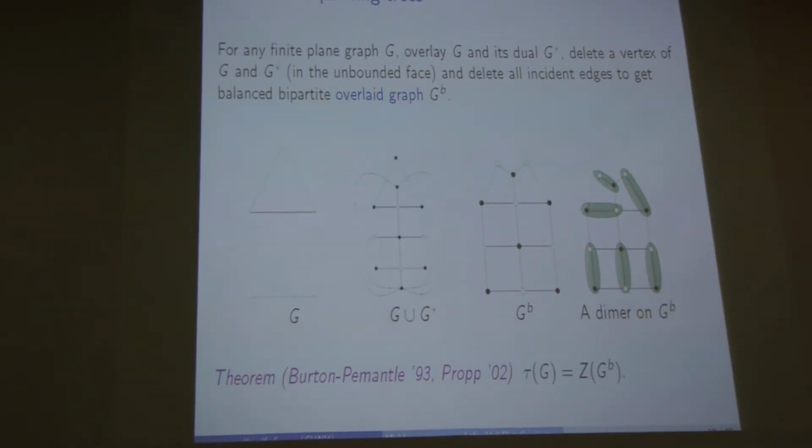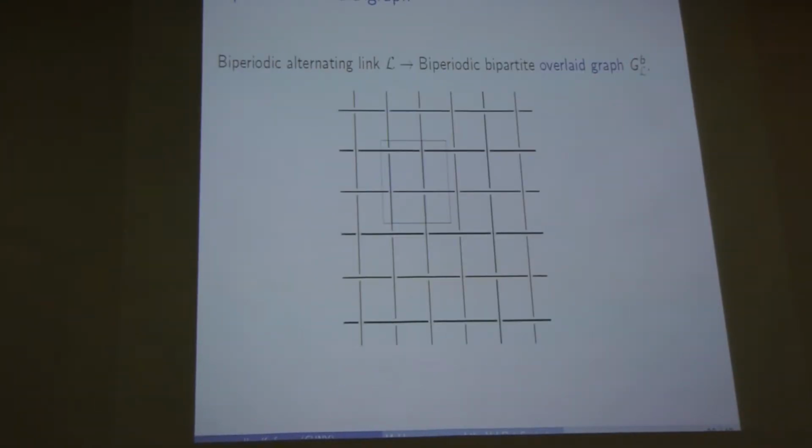And then a dimer covering on this G_B exactly corresponds to a spanning tree on G. So there's a bijection, and this was discovered by Burton and Pemantle, explicitly generalizing Temperley's result, and then rediscovered by Propp, that the number of spanning trees and the number of dimers are related. So what we want to do is now do this in the biperiodic world, in the toroidal world.